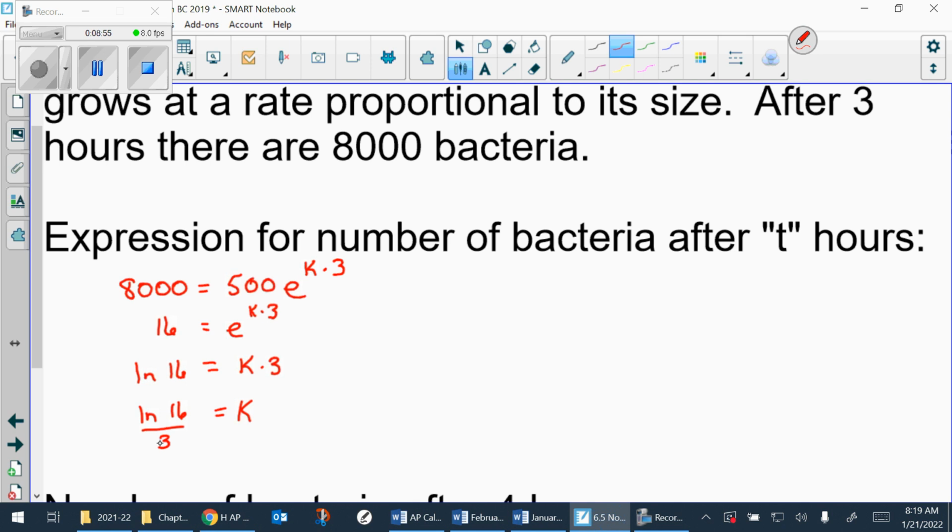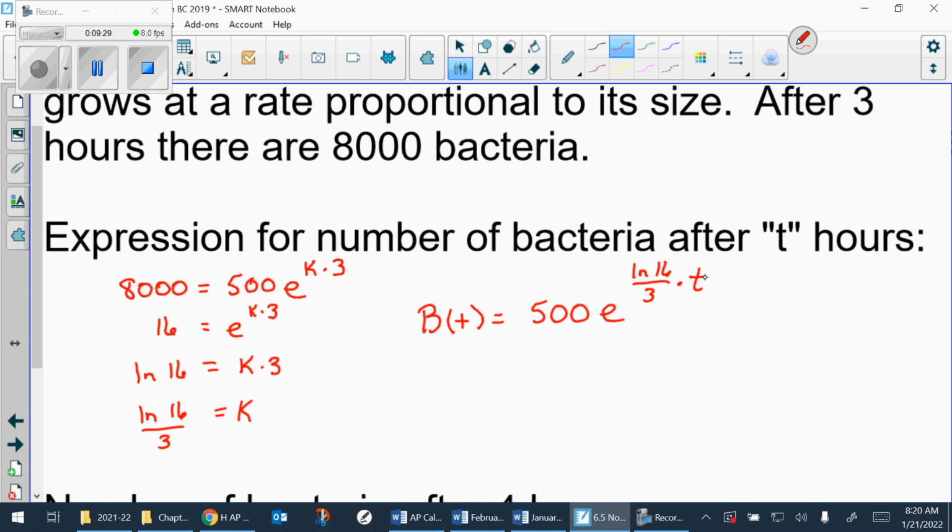Okay, so I need an expression for the number of bacteria. So the number of bacteria at any time is equal to the initial amount, or the previous amount, depending on what you did, e to the, and my value of K is the natural log of 16, divided by 3, times however much time has gone by.